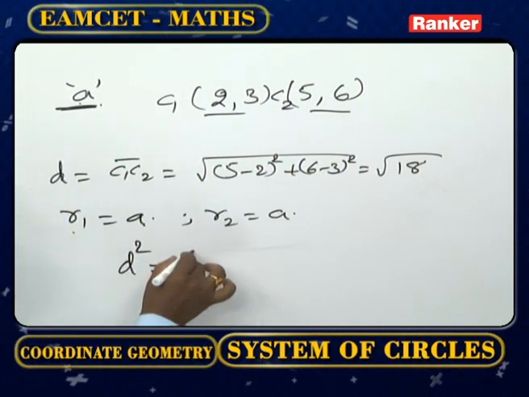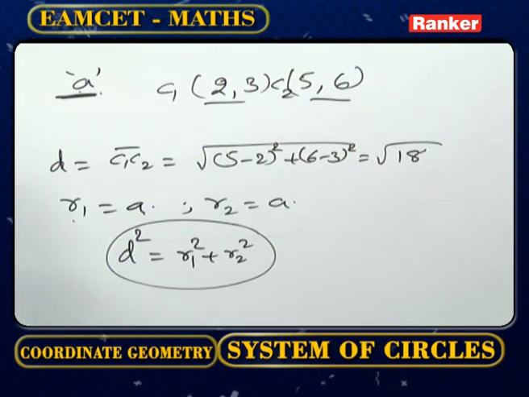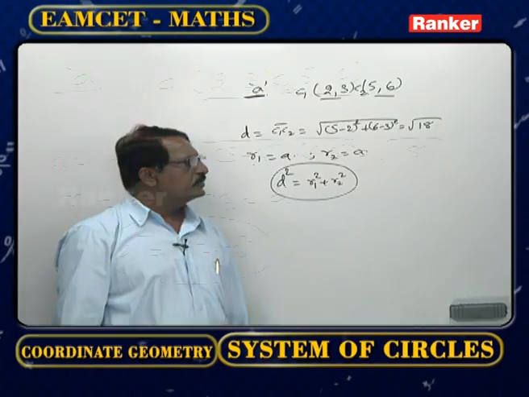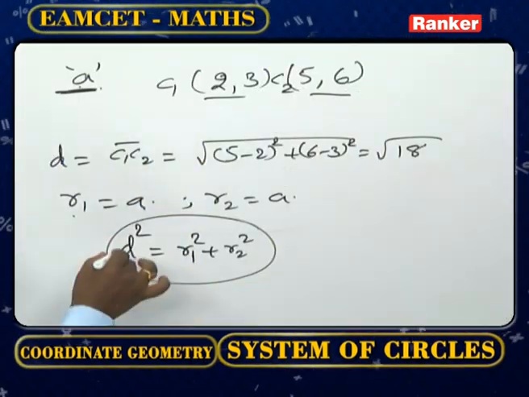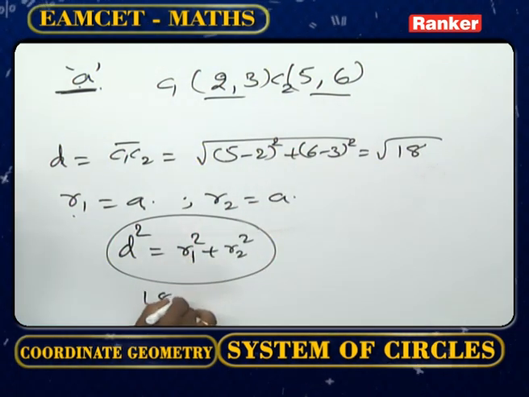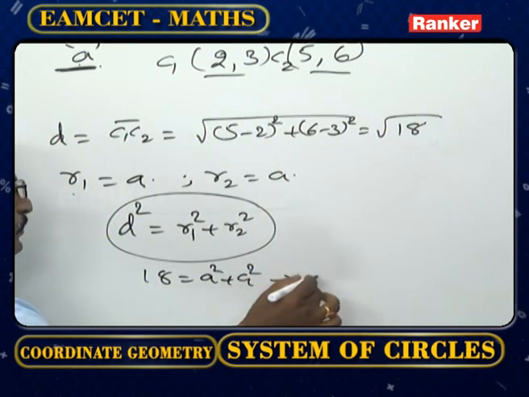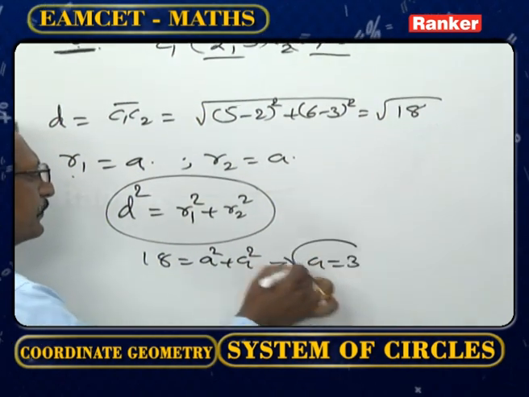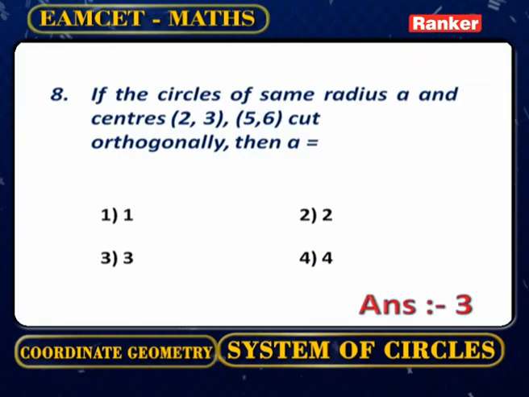Now d² = R1² + R2². Here d² is 18, equals a² + a². We get a = 3. The radius of the circle, or a value, is 3. Third option.